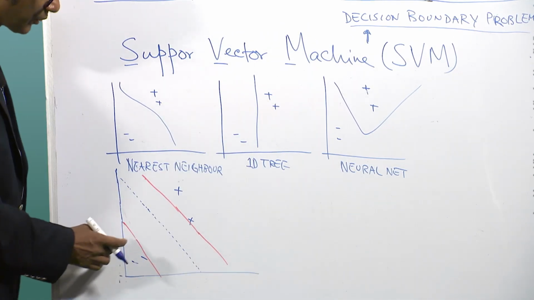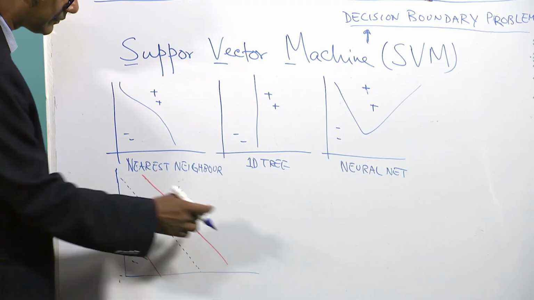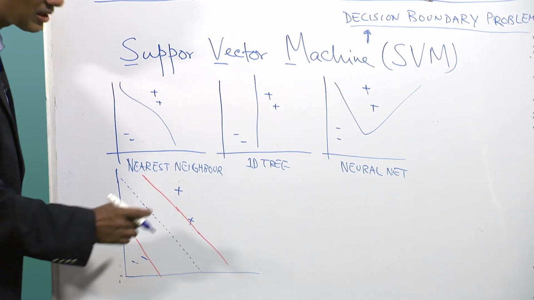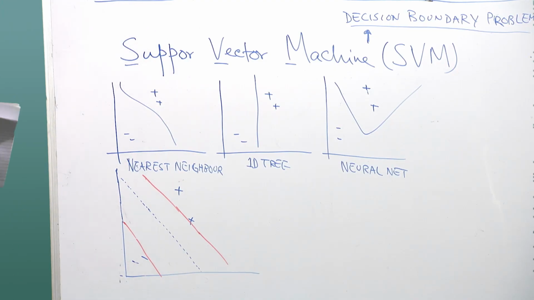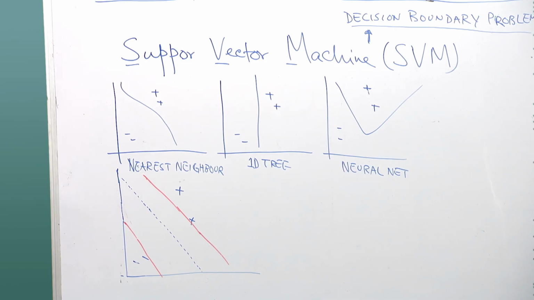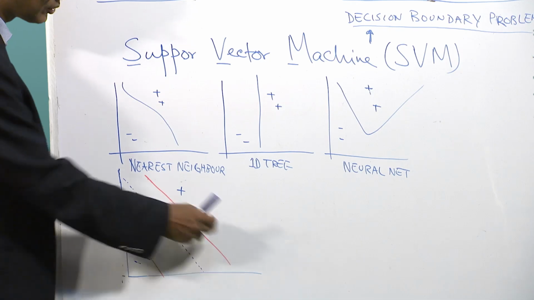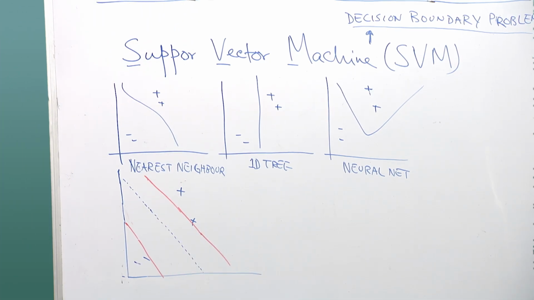On your right side is this red line which is just touching the positive point, and on the left side is the line just touching the negative points. Okay. So, as you can clearly see, this is just like a road with a center line and two gutters on both sides, right, that is what it is.